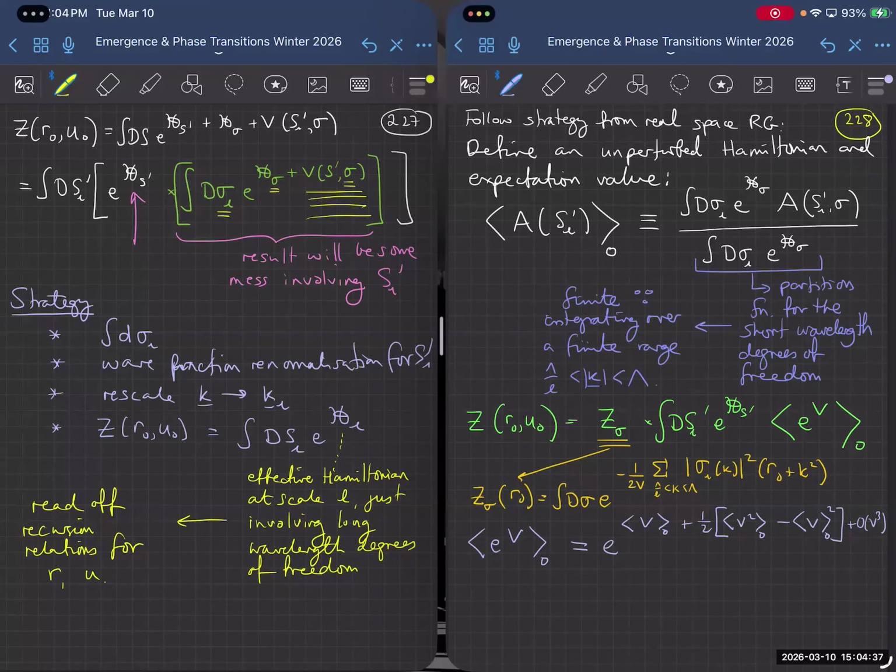So let's write down the final answer. Our partition function, after we've done all this, and we're going to do the calculations in a minute, but let's write down the final result.